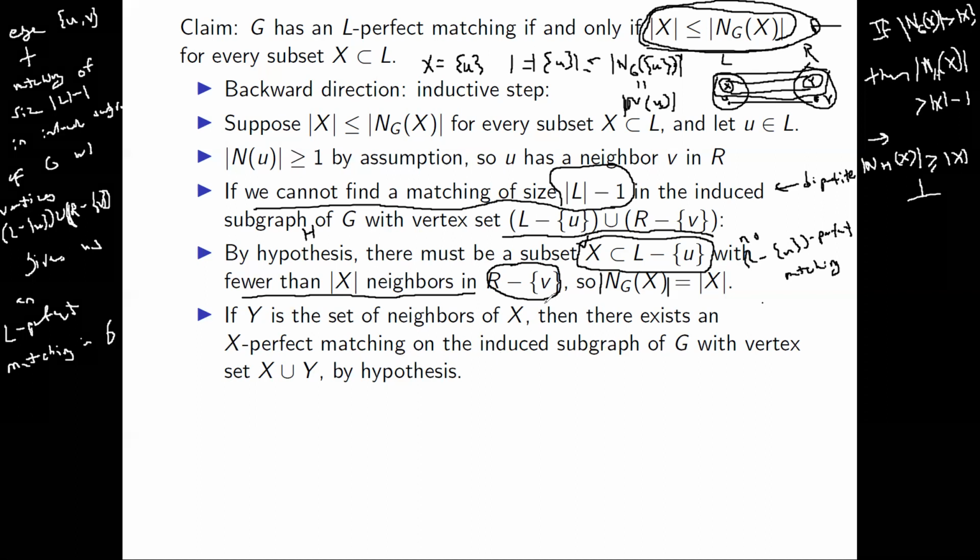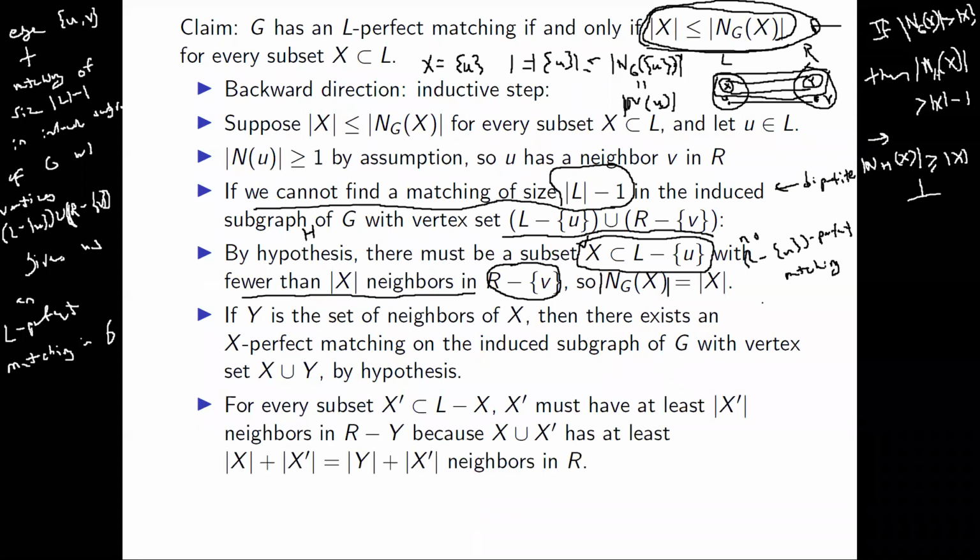And that tells us, since we have those inequalities true for all the subsets on the left in that induced subgraph, we must have an X perfect matching on it. So that induced subgraph where the left is X and the right is Y has an X perfect matching. And we're going to use that to try to build our L perfect matching.